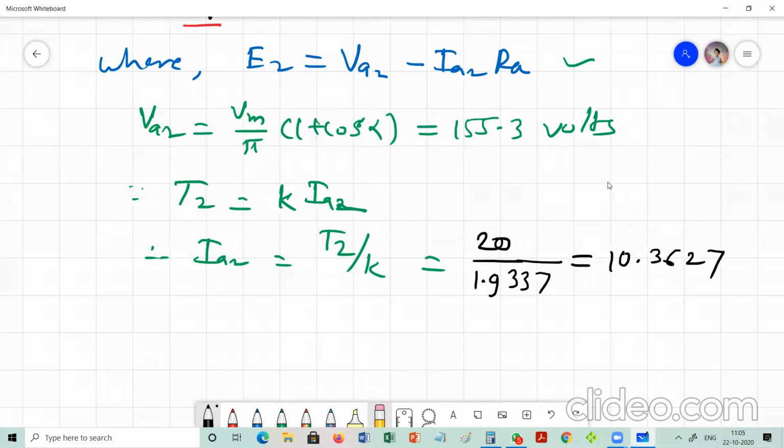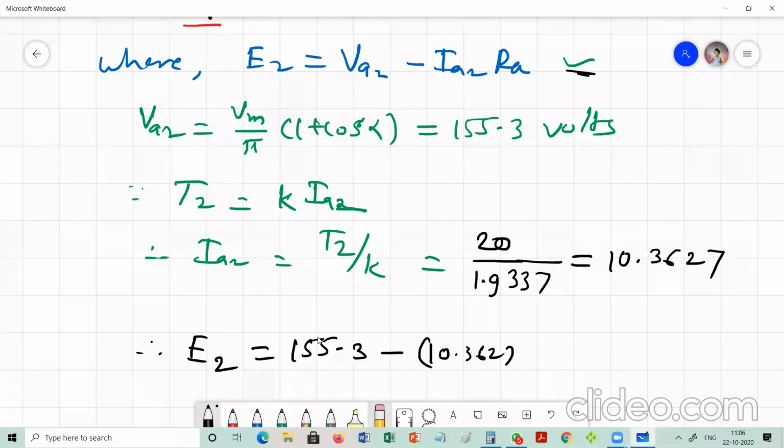Once we have calculated IA2, we can go for calculation of E2 by using this formula. Therefore E2 is equal to VA2, which is 155.3, minus IA2, which is 10.3627, into RA, which is equal to 2.